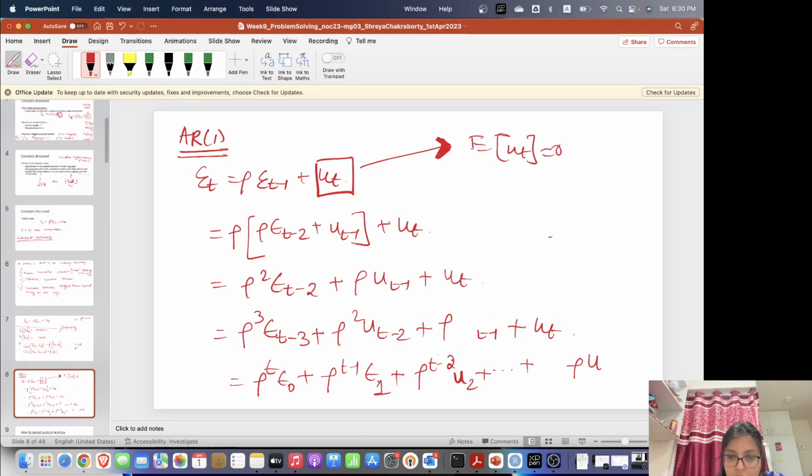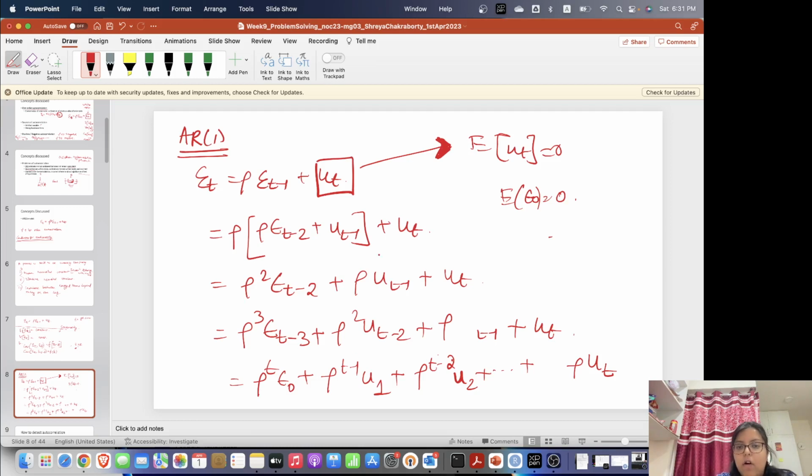Minus 2 u2, this also will be u. And so on, this will be ut. So this thing, if we consider that expectation of epsilon naught is 0 or some constant mu, we usually take it to be 0.